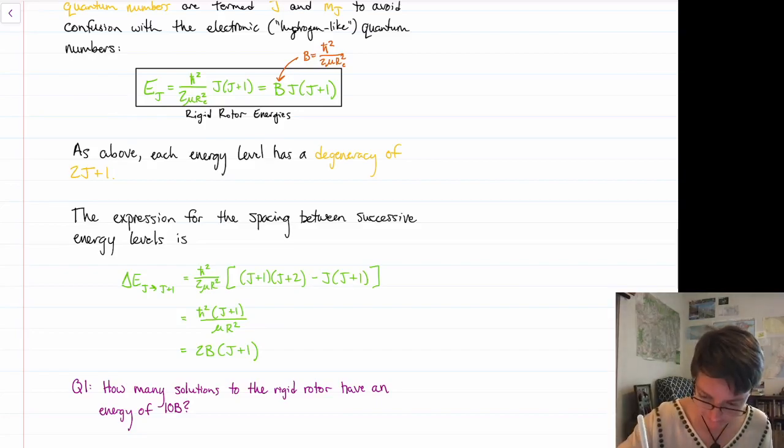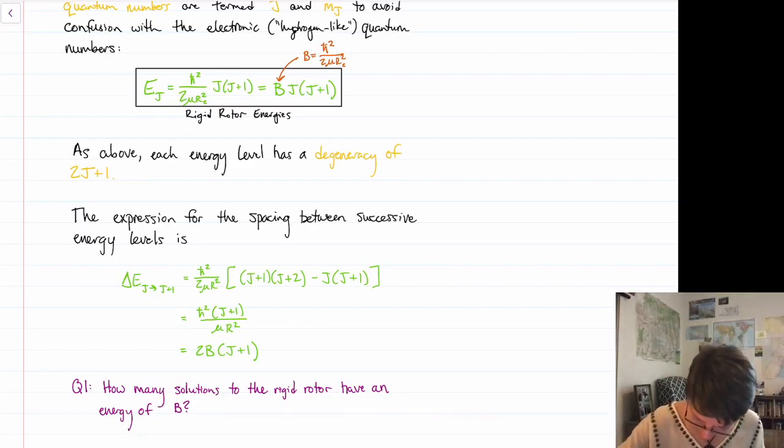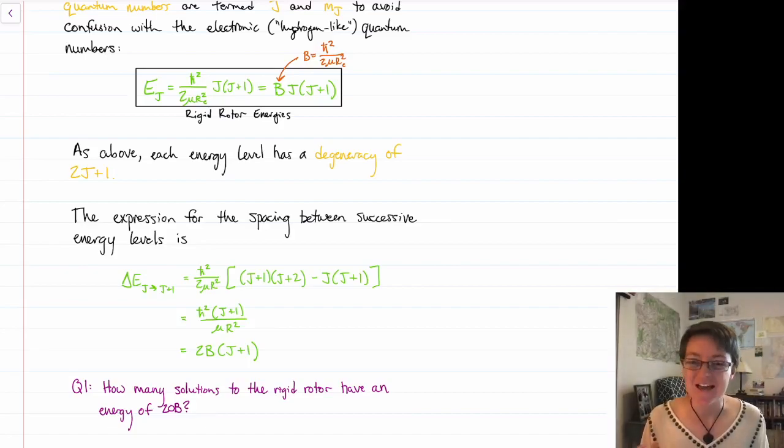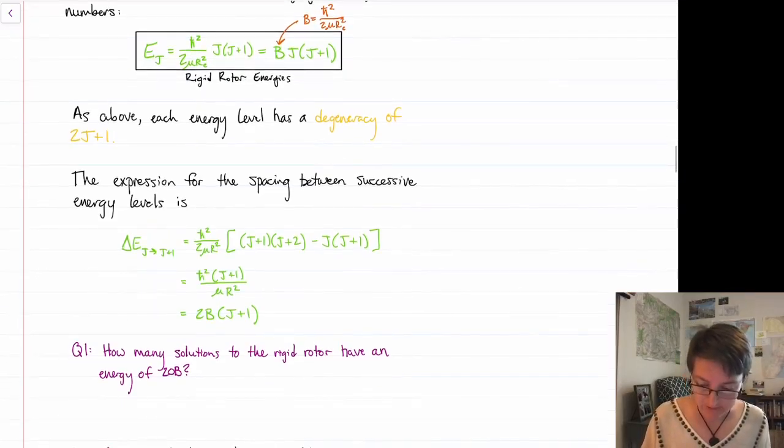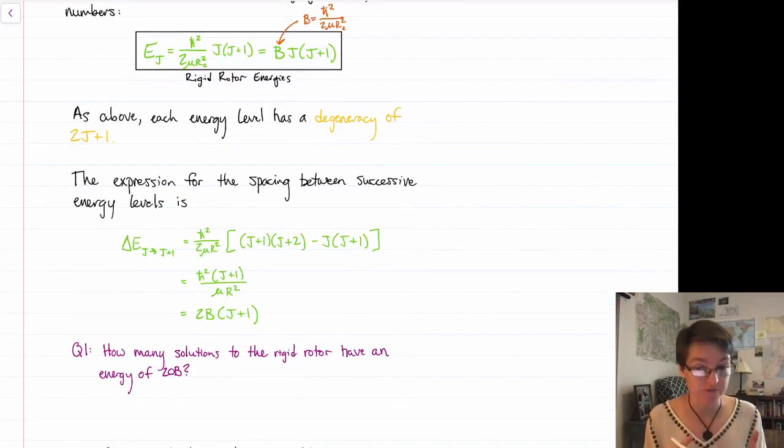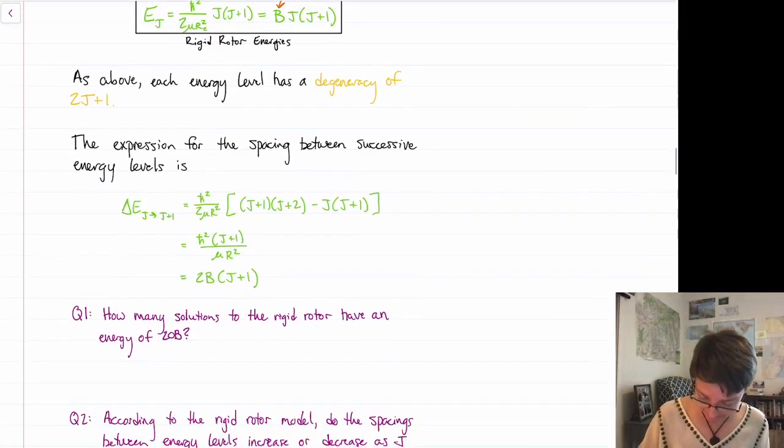My apologies, folks. This should have said 20B. You were looking at this and were not sure what our value of J was, because I made a typo. Sorry, folks. If we talk about 20B, though, that would mean that J has to equal 4. So that would give us J times J plus 1, which is 4 times 5. That'll give us a value of 20B.